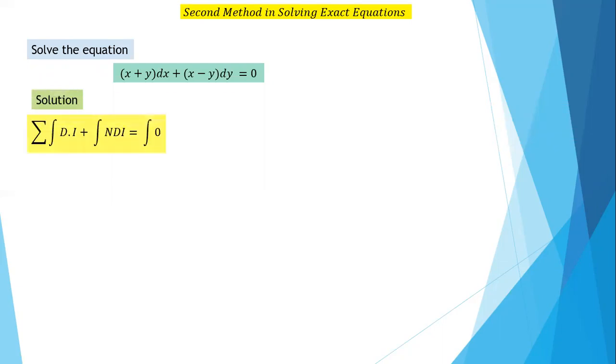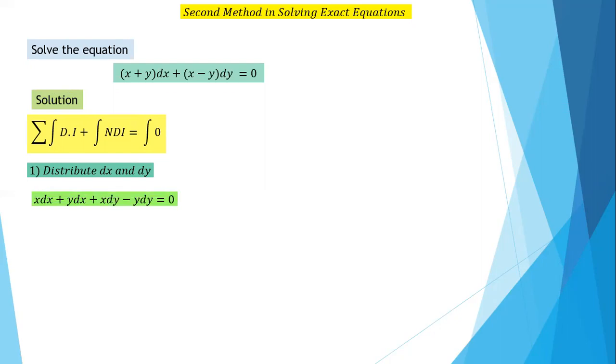So for our example, solve the quantity of x plus y dx plus x minus y dy equals 0. Our formula is the summation of the integral of DI plus the integral of NDI equals the integral of 0. So first, distribute dx and dy and expand.